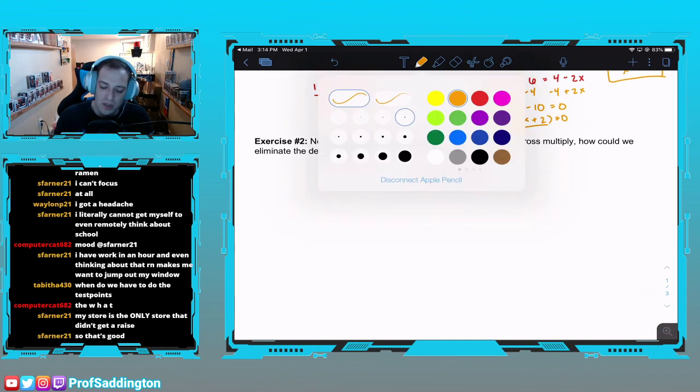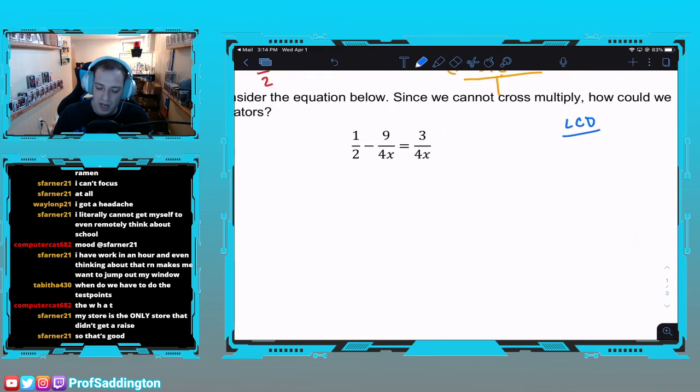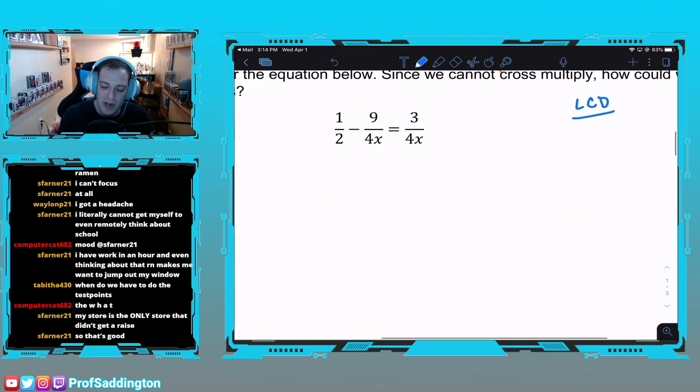What we're going to do is we're just going to find the LCD just like we did in the last lesson. So I'm just going to look at, in this case, we have 3 fractions. I'm going to look at all of those denominators, and I'm just going to try to find a number that they all can fit into. So since we have 2, 4, and 4, we know 2, 4, and 4 all can fit into the number 4.